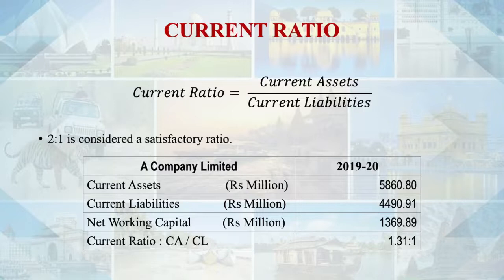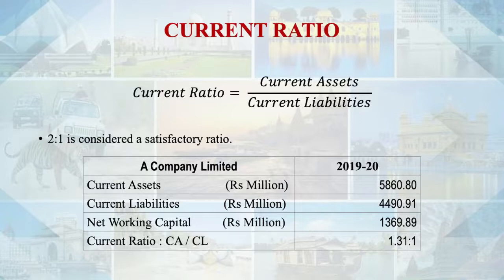But now let us see what will be the ratio. The ratio is current assets divided by current liability, and here our ratio is 1.31:1. That is, for every 1 rupee liability we have 1.31 of current assets. So the current ratio for this particular company is 1.31:1.